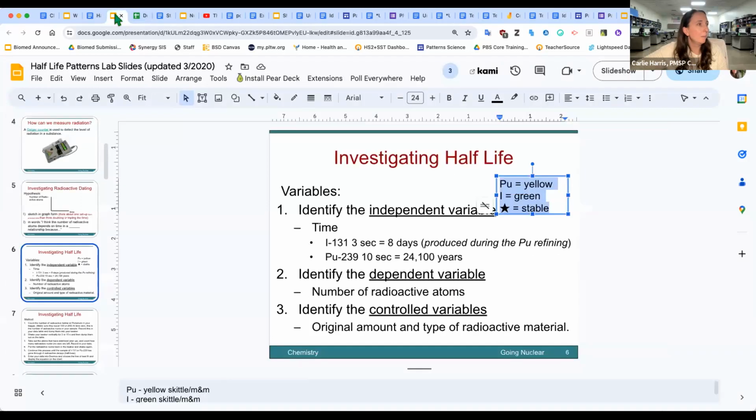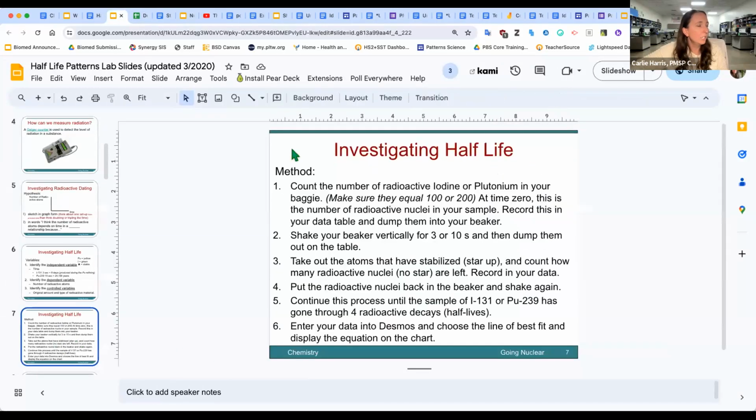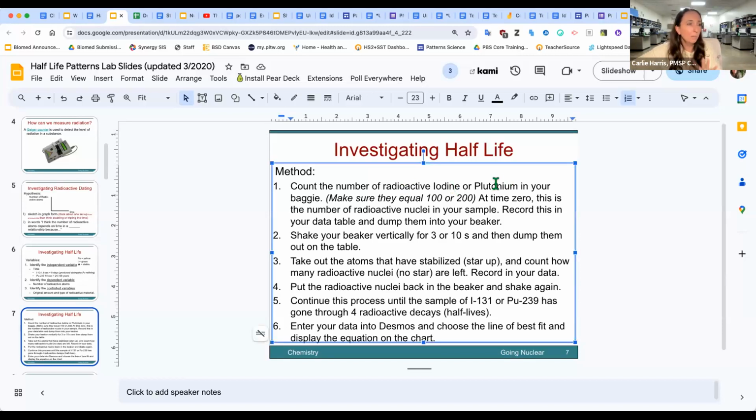I think, let's see, it's probably back on the slides here. Okay, so yeah, they're going to have either their radioactive iodine or plutonium in these little baggies, and they're going to shake them and dump them out onto the table, and then they're going to count which ones have the star or the notation up, and those are stable, and then count how many of them have no star, right, or are blank, and those are the radioactive ones.